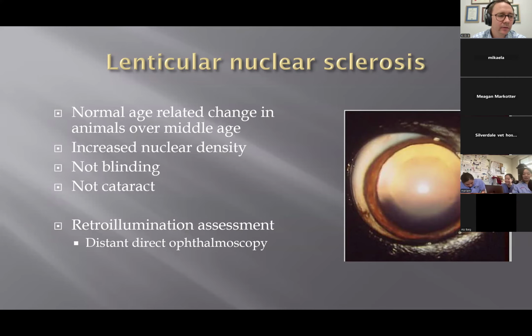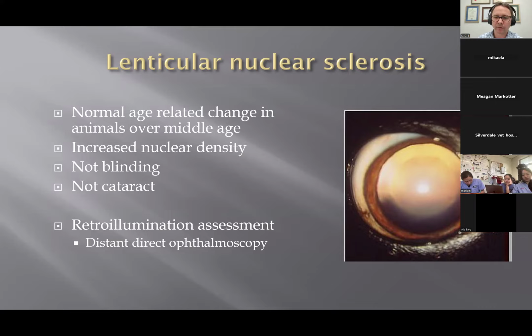Moving on from reflex testing, one thing that we see in all patients once they're beyond middle age is that the eyes become more cloudy and foggy in appearance, and that could easily be a cataract, certainly can easily be confused with a cataract.